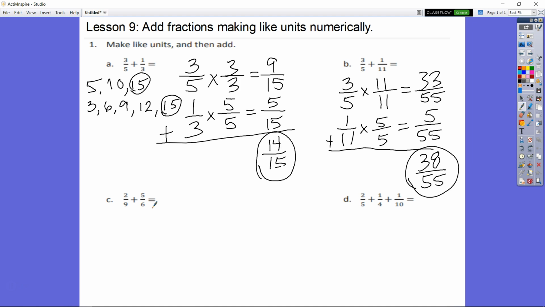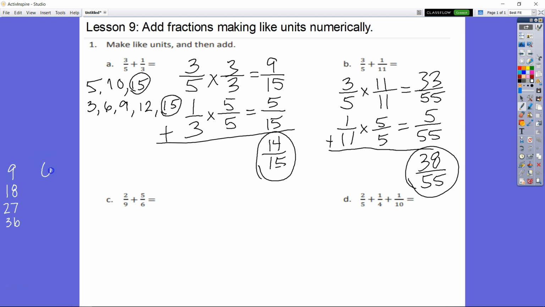If I'm looking at C, I see my denominators are 9 and 6. When I look at my multiples of 9 and 6, I know that they both come to 36. So let's list our multiples of 9. We have, let's put it over here on the sides, 9, 18, 27, 36.